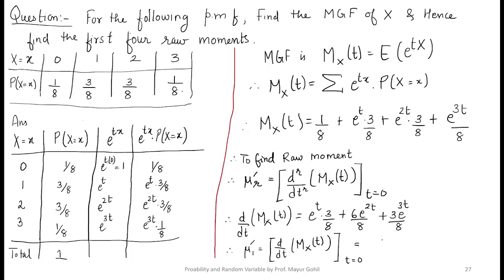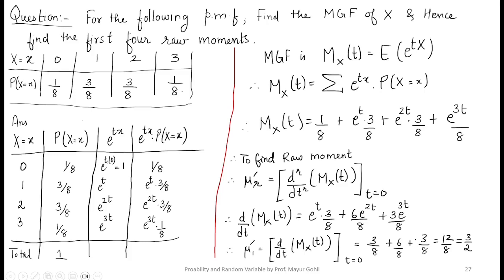It is going to be 3 by 8 plus 6 by 8 plus 3 by 8. So basically it is going to give us 12 by 8, which is going to be 3 by 2. This is our mu 1 dash. That is what we get.